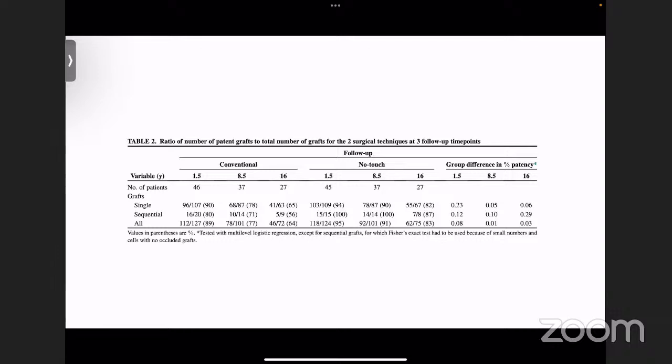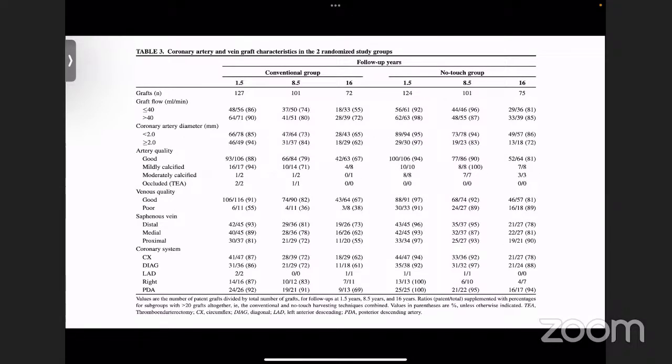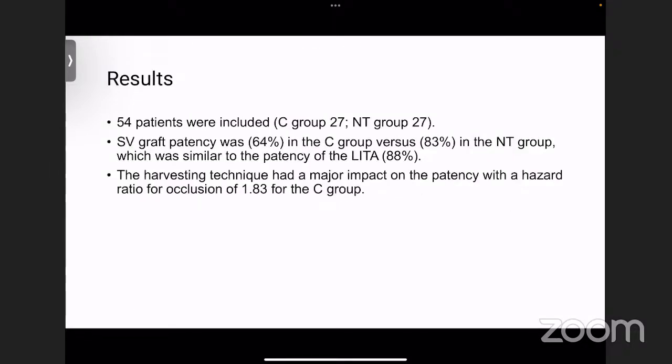These are the techniques that they used. Over here we have the characteristics for the two groups. So as we said, 54 patients in total, 27 each.